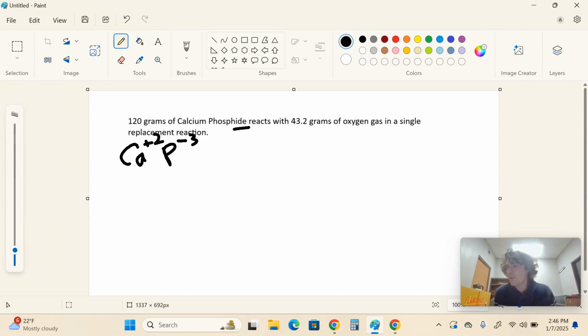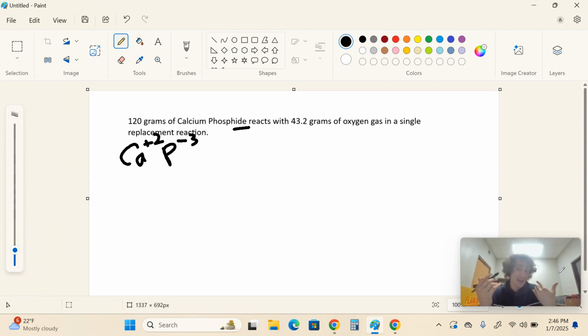You might say, well, wait, my periodic table says that phosphorus can also have a charge of +3 and +5. It can, but that's more when it's in a covalent compound, and that's what's called its oxidation state, which is a little bit different. For these kinds of problems, to make things simple, we are working with ionic compounds, which means I need a cation and an anion.